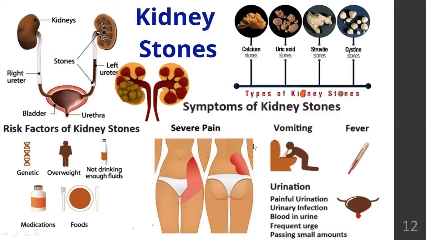Next, you have the urolithiasis or kidney stones. Whenever you hear the word lithiasis, cholelithiasis is gallbladder stone. Urolithiasis is kidney stones. So any stone formation that is lodged in your urinary tract, either in your kidneys, ureters, bladder, or urethra, we call it kidney stones.